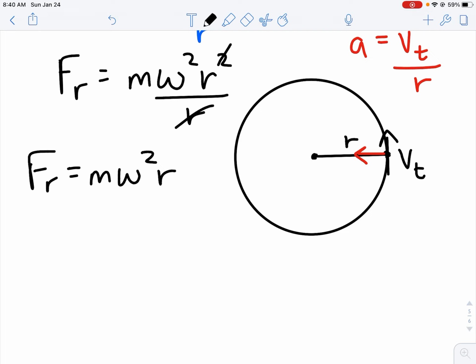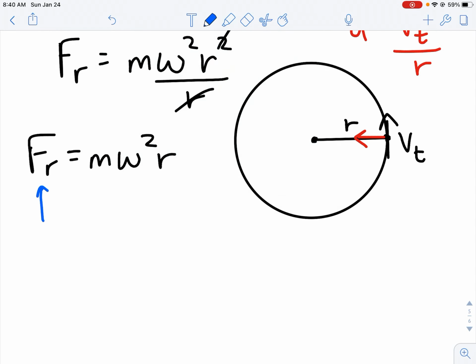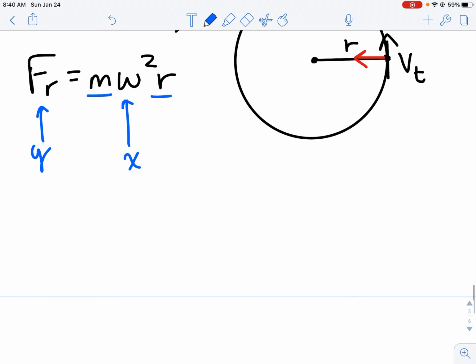All right, now what we're trying to do is study the relationship between the radial force as a function of the rotation. Now, what that means is we're keeping the mass constant and we're keeping the radius constant. All right, so I'm going to rearrange the equation a little bit. We could say radial force equals mr times omega squared.